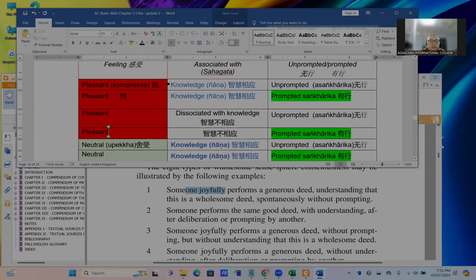So it's talking about the first one: with a pleasant feeling, with the jnana, knowledge, and unprompted, asankharika. All right, so this is the first one.